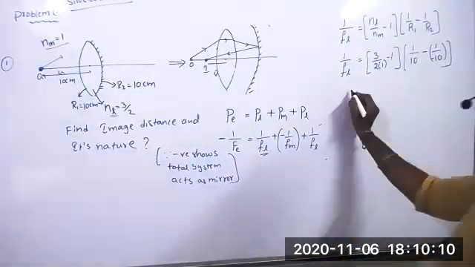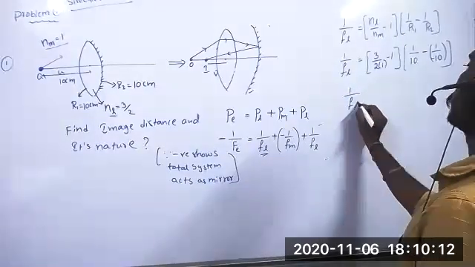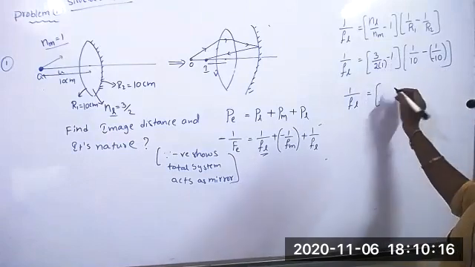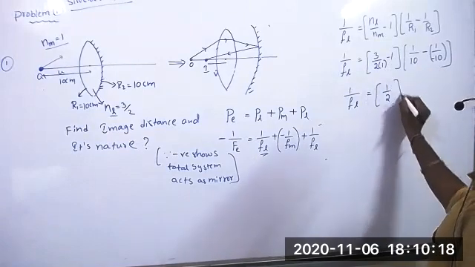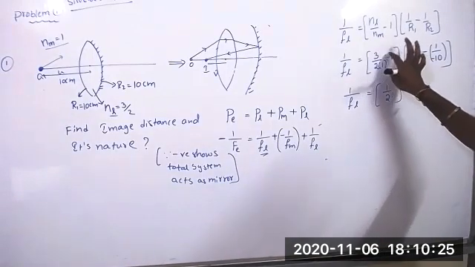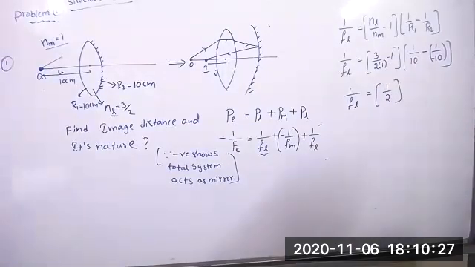So 1 by FL equal to 3 by 2 minus 1, so 1 by 2. Here 3 minus 2 by 2, so 1 by 2.